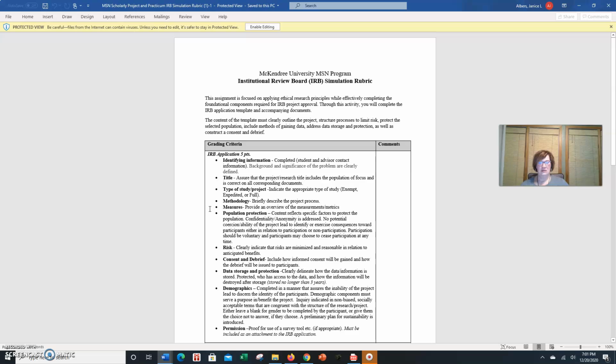But again, this is a really good process to start thinking in ways as you're moving forward. In your future, you may be involved in applying to IRB for a particular study, and also this has some utility in helping you to start structuring your logic model as well. So again, let me know if you have any questions or concerns.